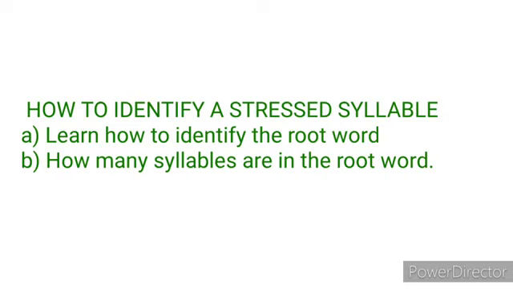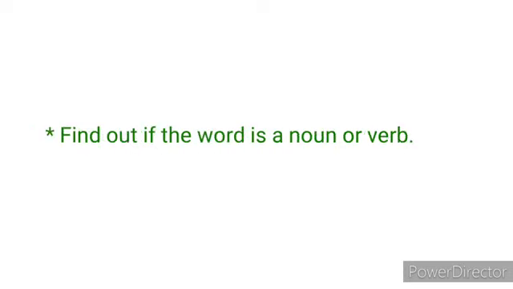Now, let's see how to identify the stress level in a bisyllabic word, that is, a word with 2 syllables. When you have a word with 2 syllables, the first thing you should do is to find out if the word is a noun or a verb.